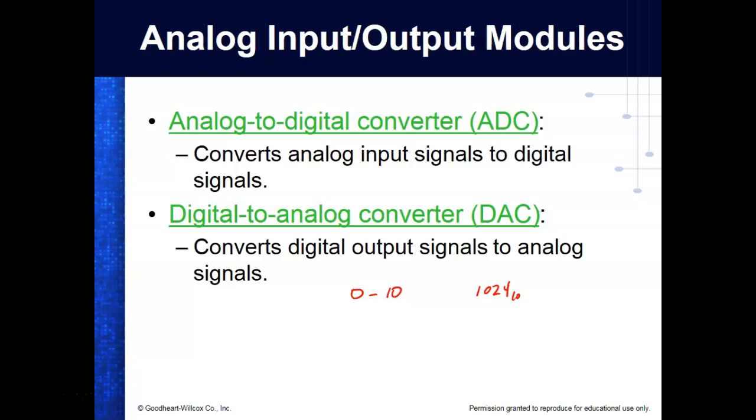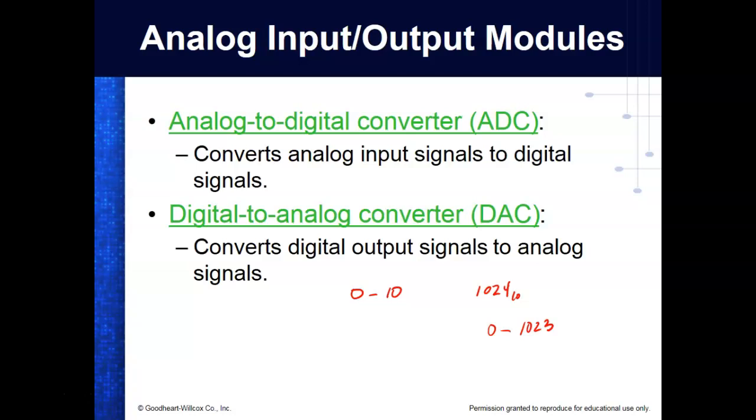So if the PLC stored into the digital to analog converter a binary number equal to 1,023, then the DA converter would put out 10 volts. If it stored a 0 out there, it would put out what? It would put out 0 volts.